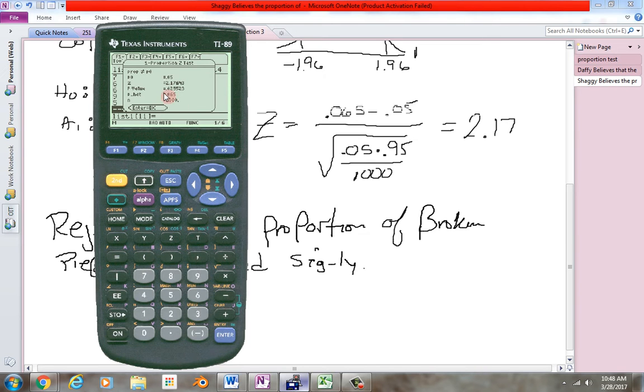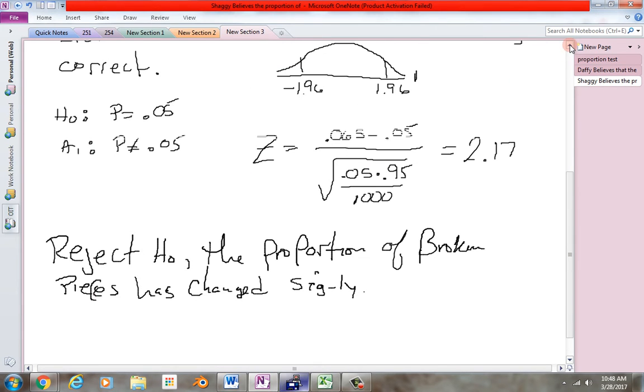Interesting. That's almost twice as big as we had. It's literally twice as big as we had. The reason for that again is because the p-value on a two-tailed test is from here out plus from negative 2.17 out. And so together it comes up to 0.0295.